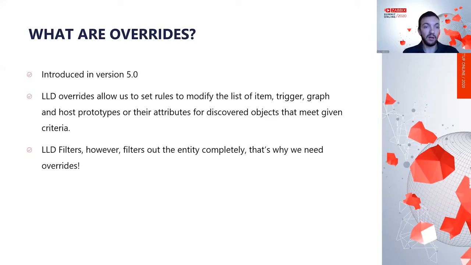So the low-level discovery override, the name gives it away, works with low-level discovery rules specifically. It gives you the ability to modify how your low-level discovery rule is going to behave in regards to the entities that are getting created by the low-level discovery.